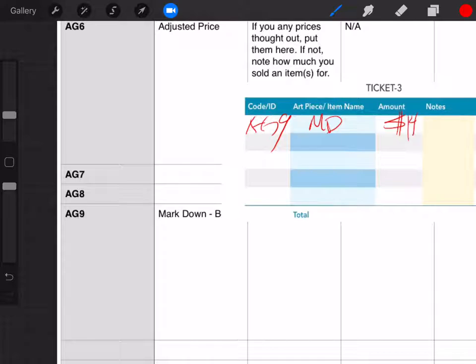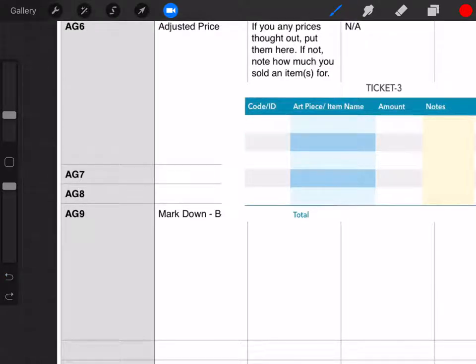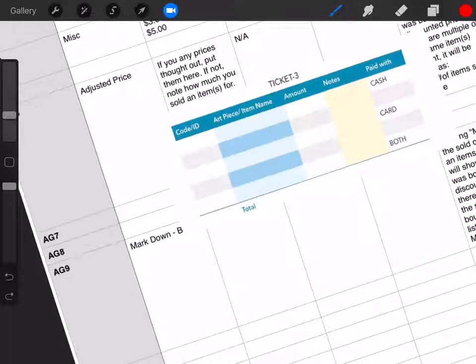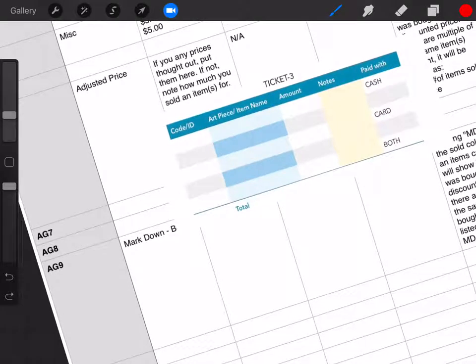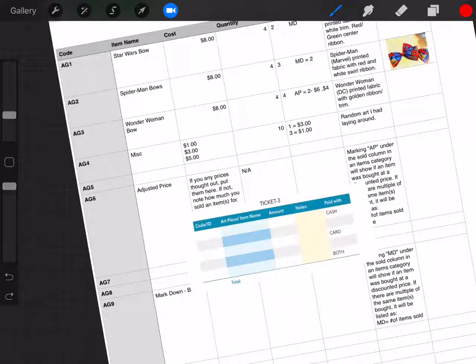Here's where you might get confused. Then you're going to be like, okay, well, what items did you sell? So here's the important thing. Before you put down that code, you want to also include whatever items that you gave them.